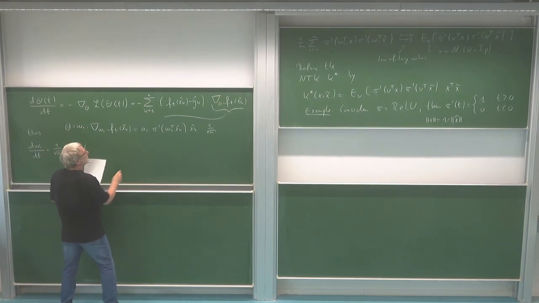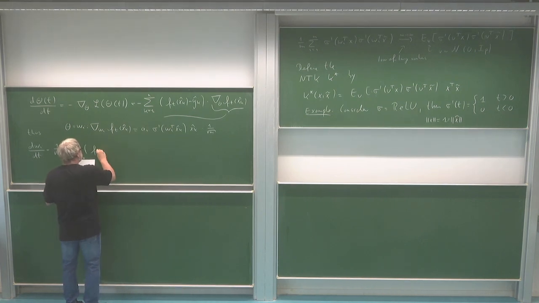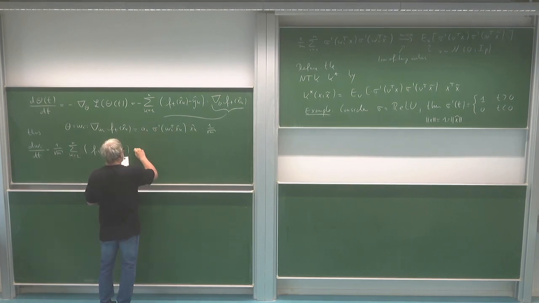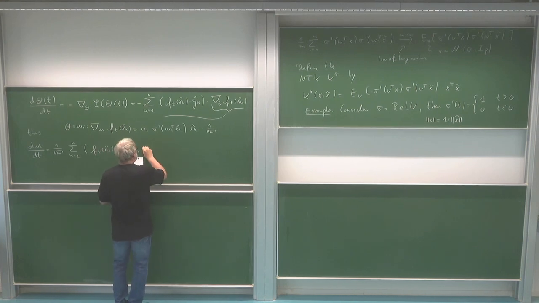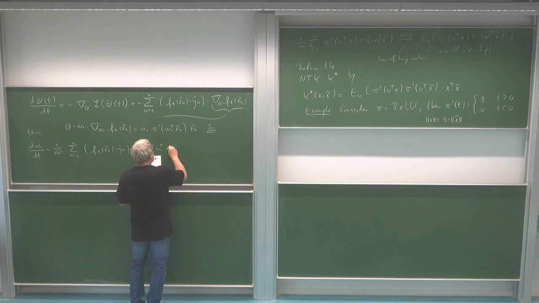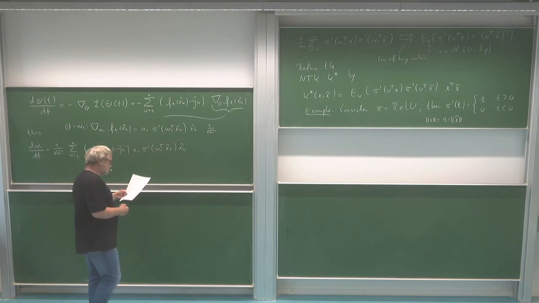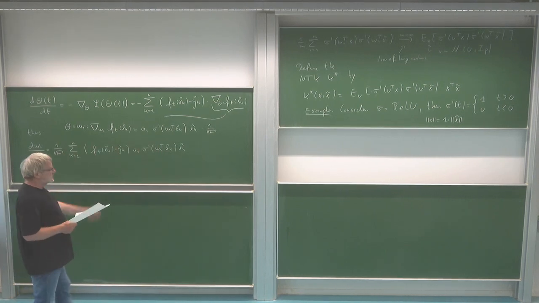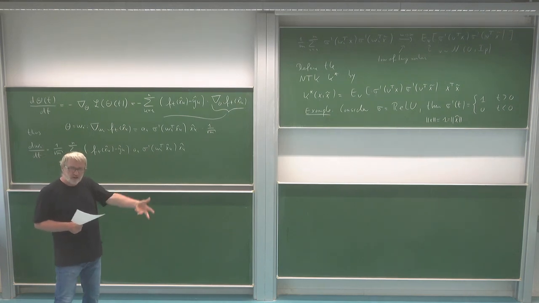Then I have this difference f_t of xk hat minus yk hat, multiplied with ai, and sigma prime of wi transpose xk hat times xk hat. Good, so that's the time derivative, which governs the evolution.